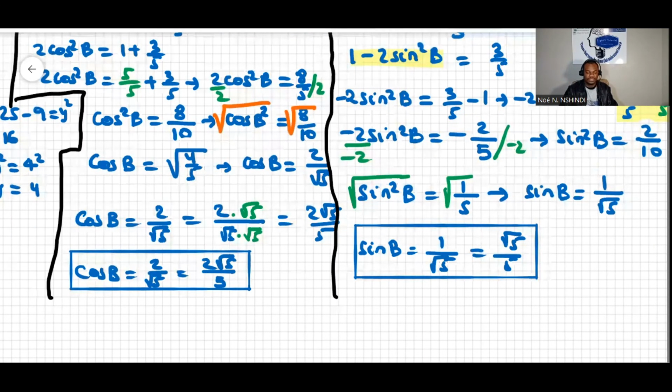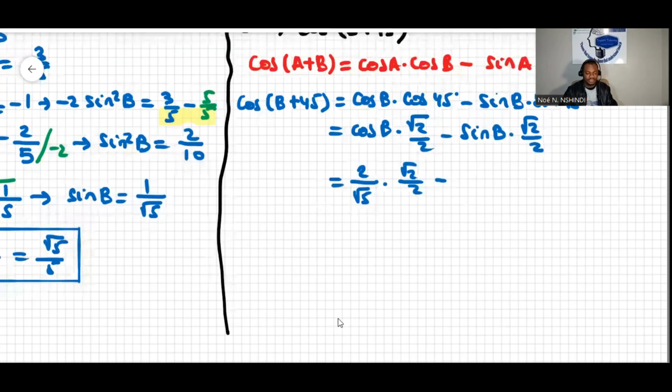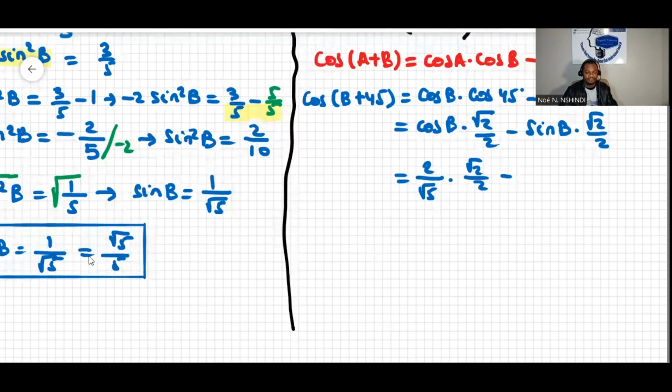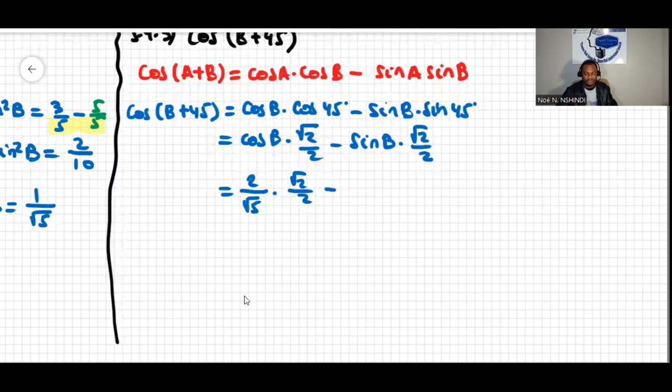So this is 2 over square root of 5 times root 2 over 2 minus sine b. We also found it, it was 1 over root 5. So this will be 1 over root 5 times root 2 over 2.